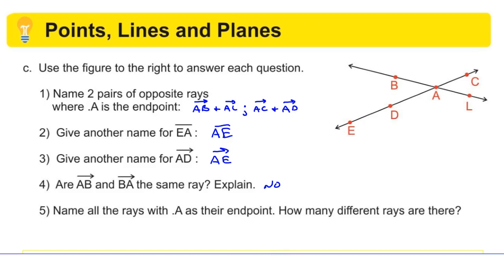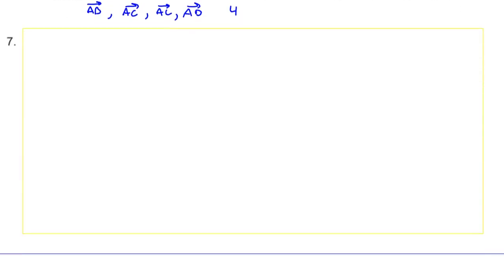Again, we have ray AB, we have ray AC, we have ray AL, and once again, 2 ways to name the same ray, but it's ray AD or it's ray AE. It's the same ray. So how many different ones are there? There are 4 different rays with A as their endpoint.